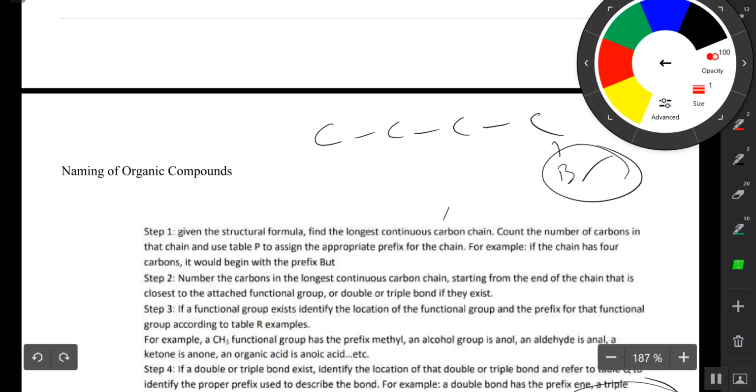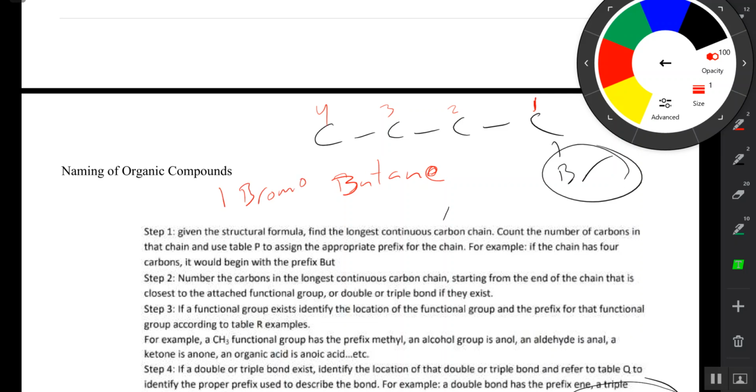So this here would be carbon number 1, and this would be carbon 2, carbon 3, carbon 4. So when I name this, I would call this butane as well. Butane, ANE ending, because all the carbons are single bonded. But now the name of this would be 1-bromobutane. Again, you start numbering the carbons from the end that's closest to the functional group.